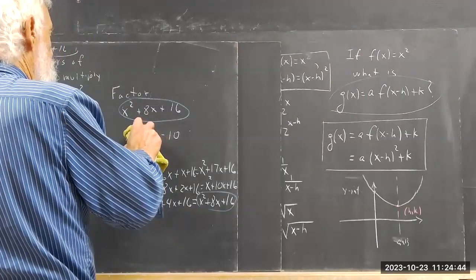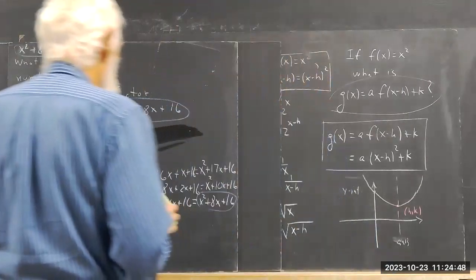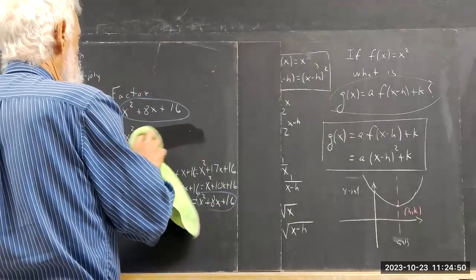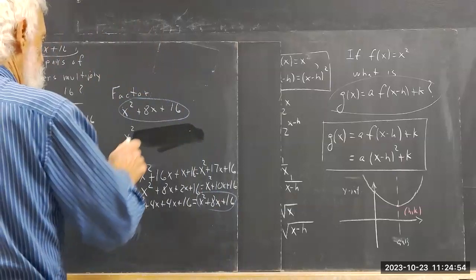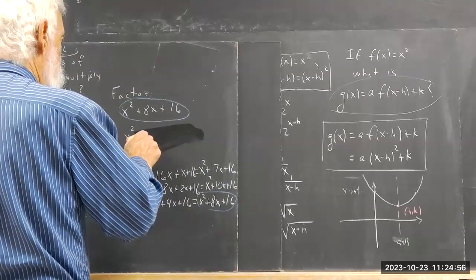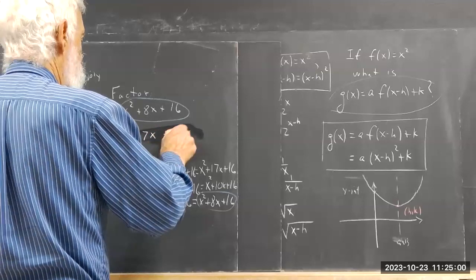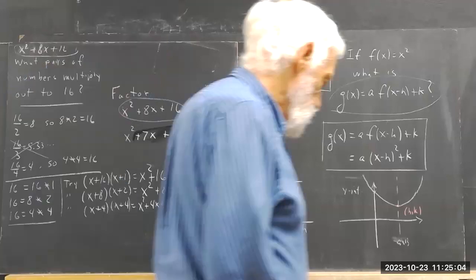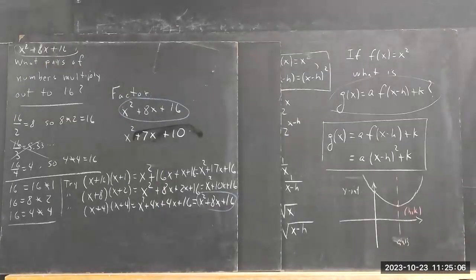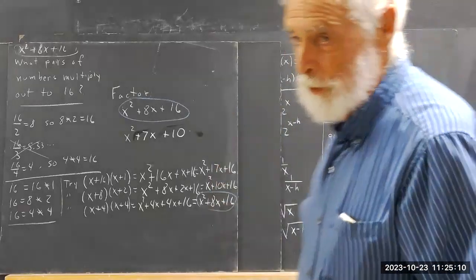So I'm going to change the problem because I think we need a little bit more work on this one. I'm going to change this to x squared plus 7x plus 10. Okay, so can you follow all the steps? Let's see what you get.